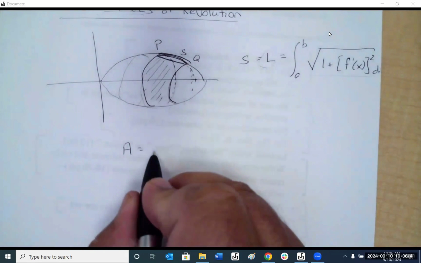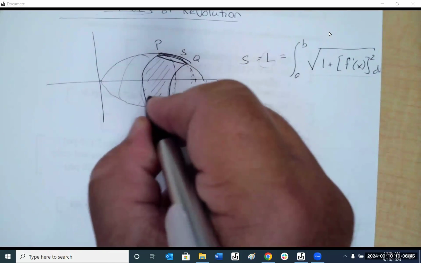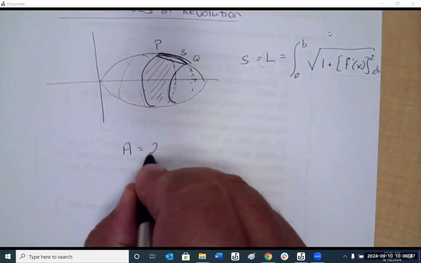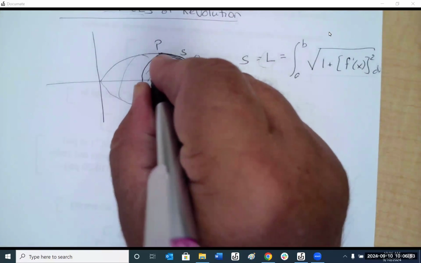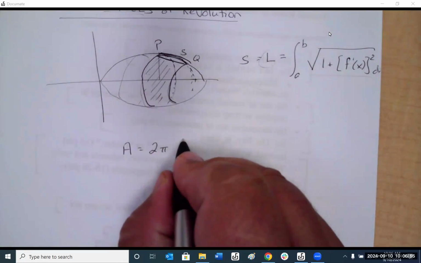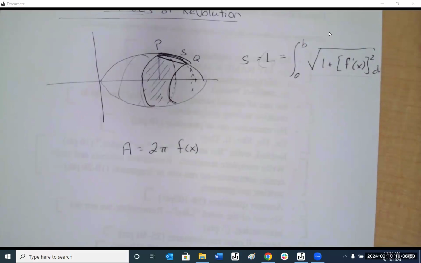So we have, first off, it has to be around the axis. So it's 2 pi. We have to have the height, which is our f of x. What else do we need to know?